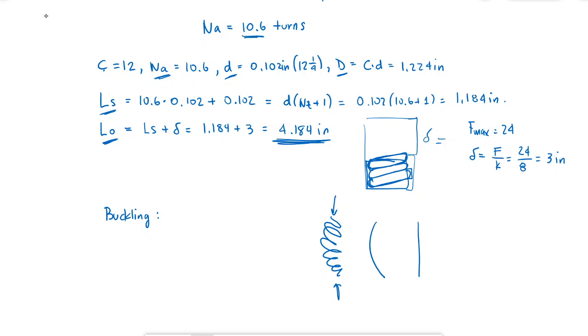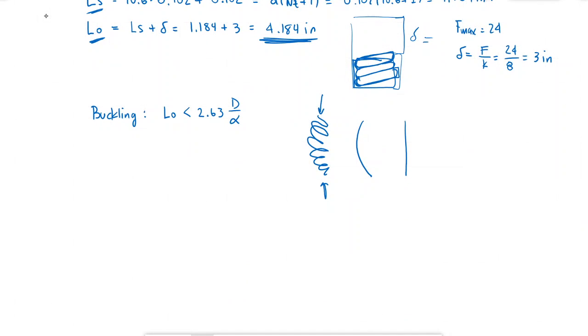We'll go over this in class later, but basically what we want is that the free length is lower than 2.63 D over alpha, with alpha taking 4 different values depending on the boundary conditions. So it can be 0.5, 0.707, 1, or 2, depending if the ends are fixed, for example, or fixed hinged, or both hinged, or just both free.